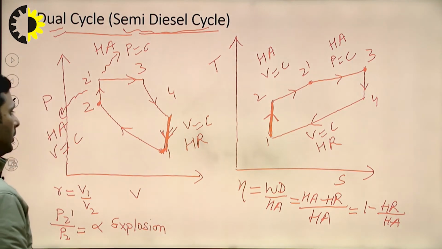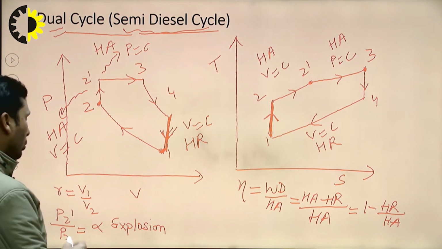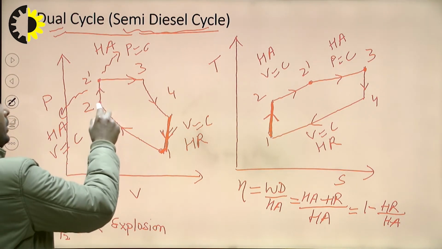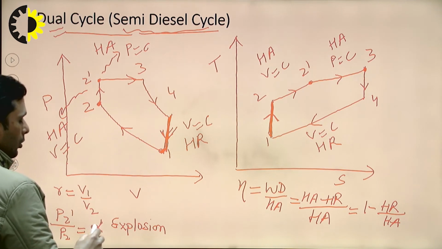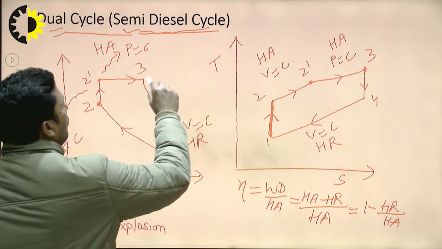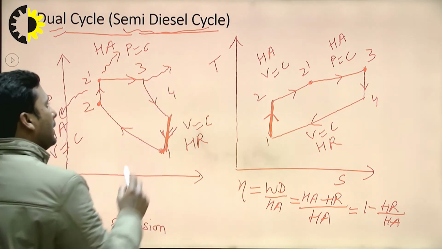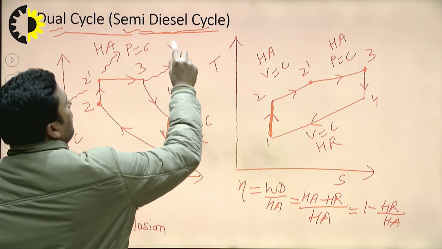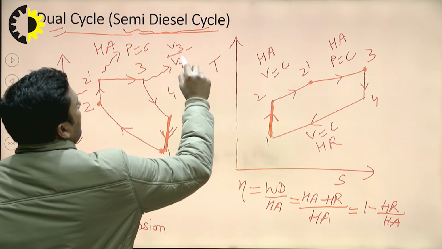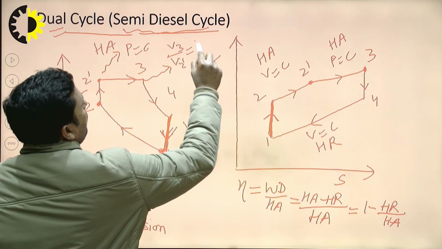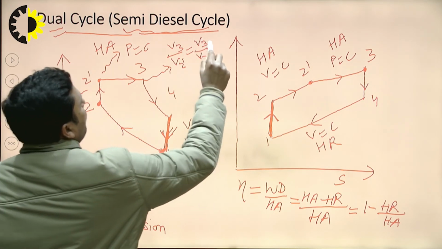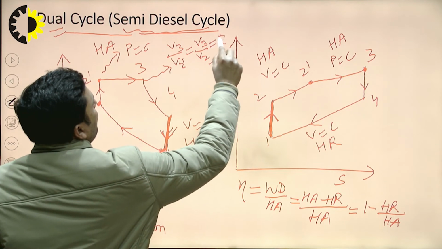A new term that comes in the case of the dual cycle is the explosion ratio. It is the ratio of pressure P2 dash upon P2. Generally, the explosion ratio is represented by the term alpha, and we already know from the diesel cycle that V3 by V2 dash, or V3 by V2, because V2 is equal to V2 dash, is equal to the cutoff ratio rho.